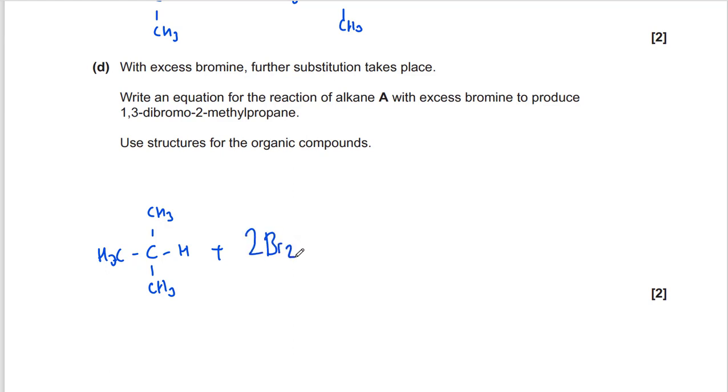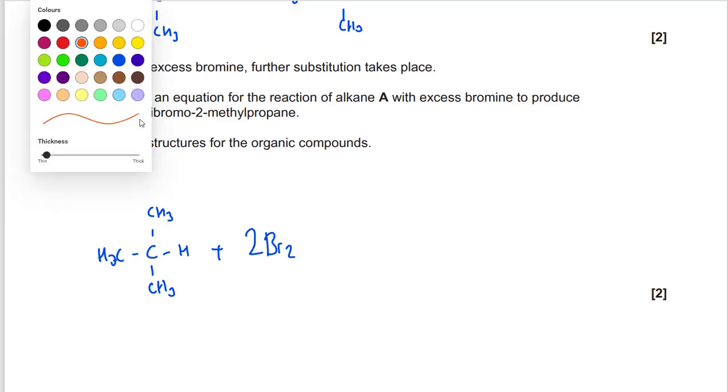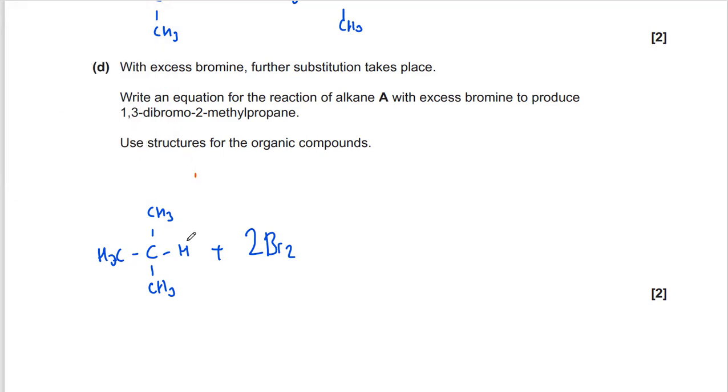Now, remember that in radical substitution, if you react 1 Br2, one of the bromines attaches to the compound and the other one is a waste product. It forms HBr. Let's say I'm going to get rid of this hydrogen here.